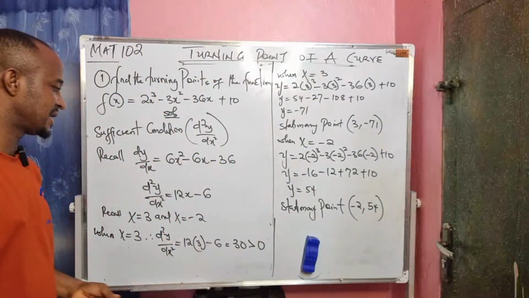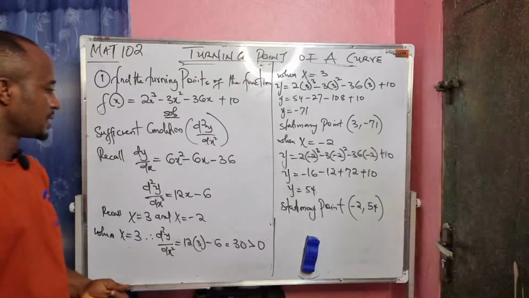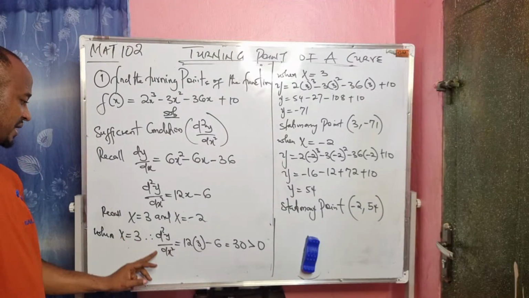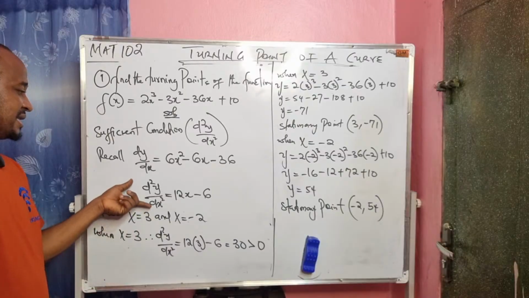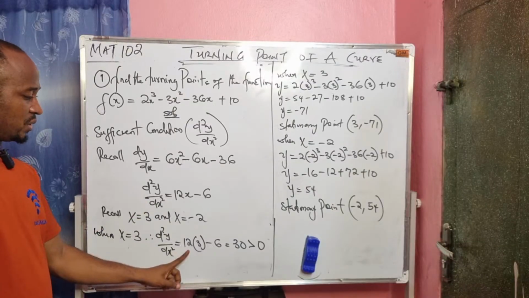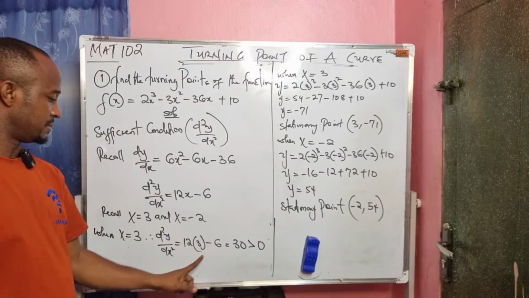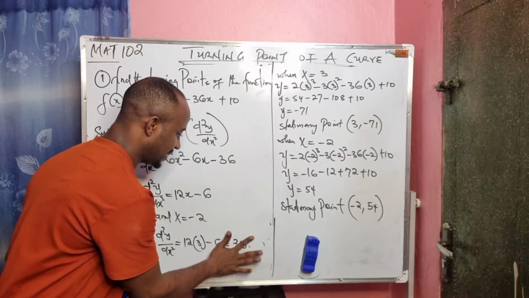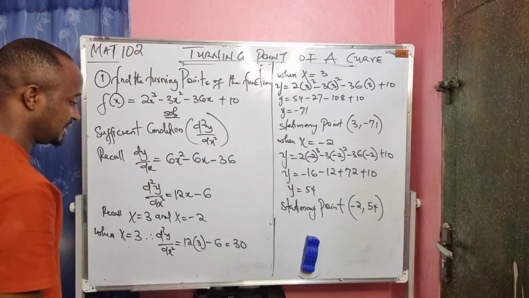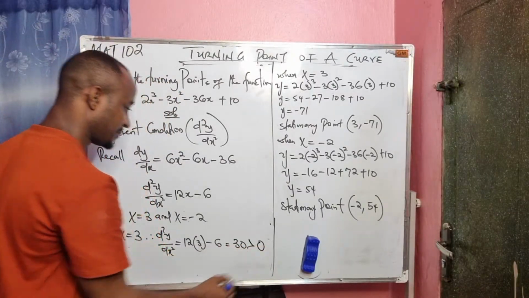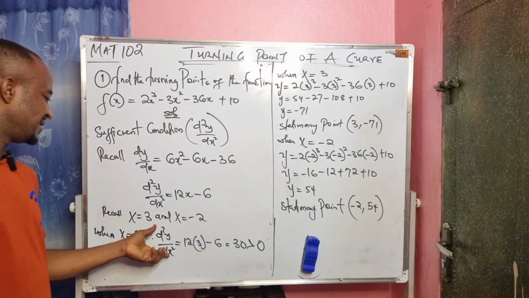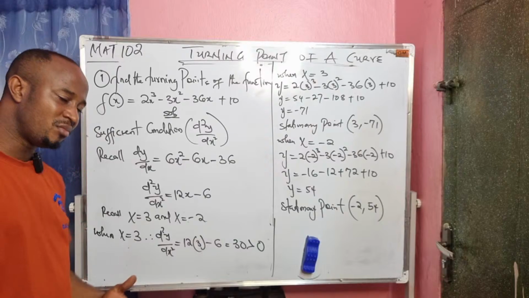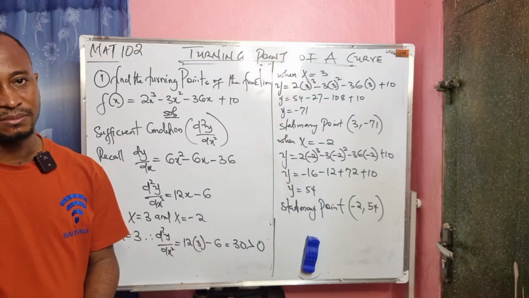From the comment section, who can tell me, when x is 3, after putting the value of x as 3 in the second derivative function, we got 30. Is 30 greater than 0 or less than 0? 30 is actually greater than 0. So whenever your second derivative is greater than 0, what do we have, minimum or maximum?